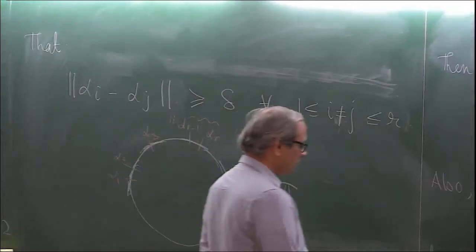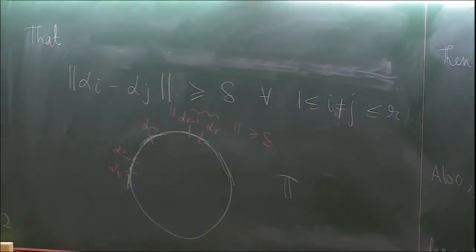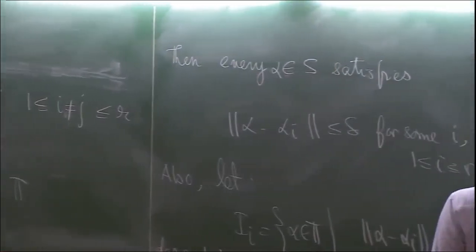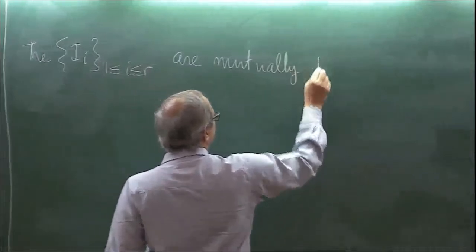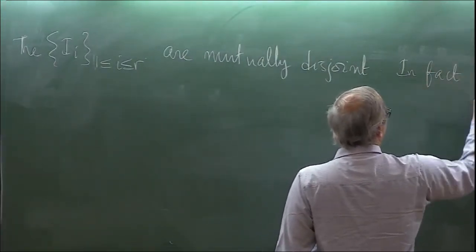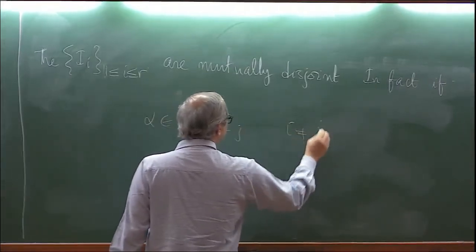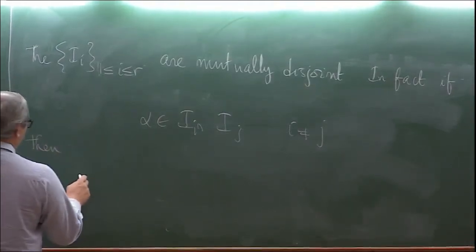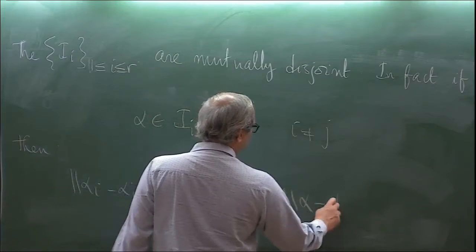Now these I_i are mutually disjoint. In fact, if alpha belongs to the intersection of I_i and I_j for j not equal to i, then by the triangle inequality, alpha i minus alpha j is less than or equal to the distance alpha minus alpha i plus the distance alpha minus alpha j.